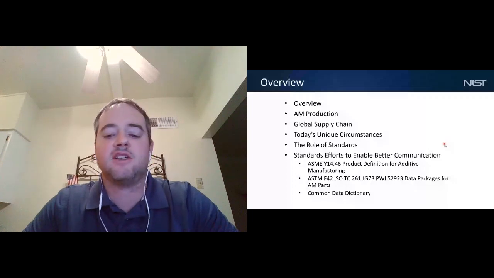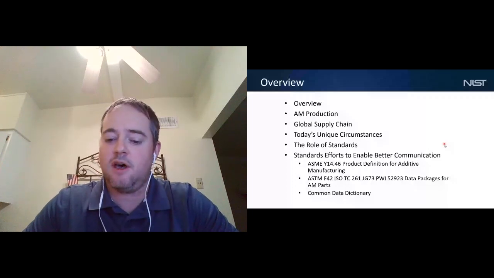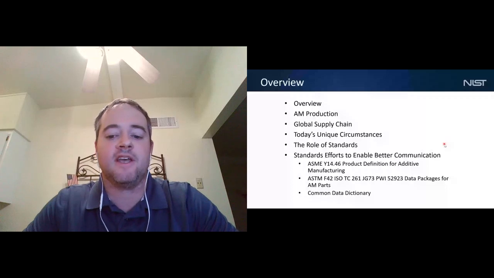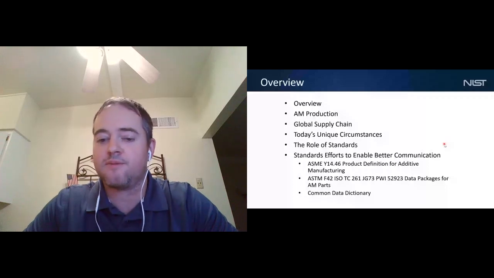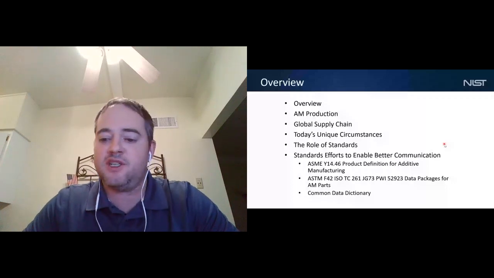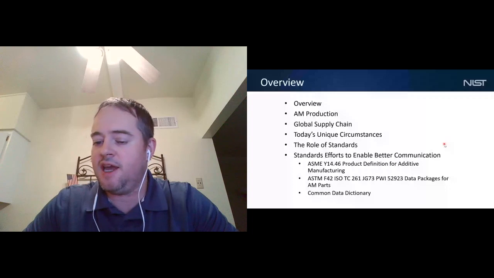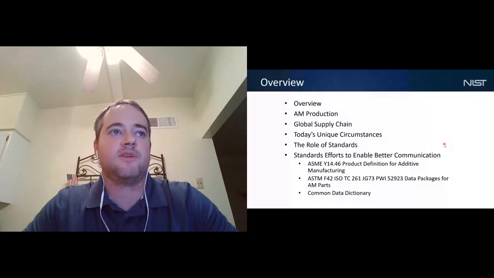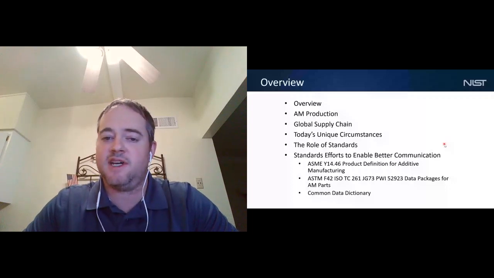My background is actually more on the data science side of things, the informatics. The work that I've been doing for the past 6 or 7 years now is looking at how we represent information, how we use information, and how we leverage information in additive manufacturing. So I'm going to talk a little bit about the communication aspects of that today.